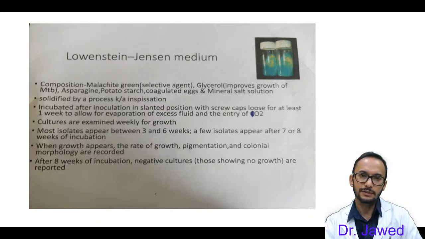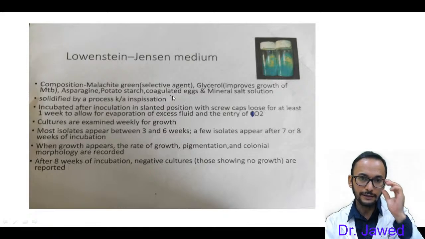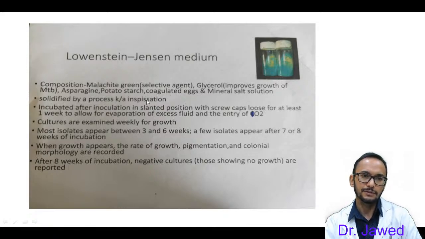It inhibits organisms other than Mycobacterium tuberculosis. It also consists of glycerol, which improves growth of Mycobacterium tuberculosis, and asparagine, potato starch, coagulated egg and mineral salt solutions. Egg white is used in this media, and it is solidified by a process known as inspissation.